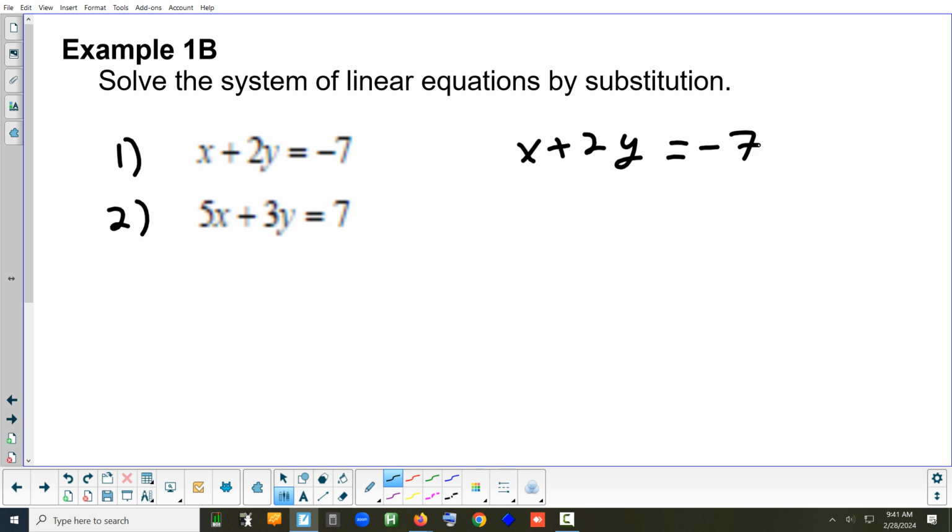Now, if somebody said, well, I want to use the bottom equation, well, you could, but you're going to end up with lots of fractions. It's going to be a lot easier to do the top equation and then get X by itself, because you can do it in one step. What's the only thing we have to do? Subtract 2y from both sides. There you go.